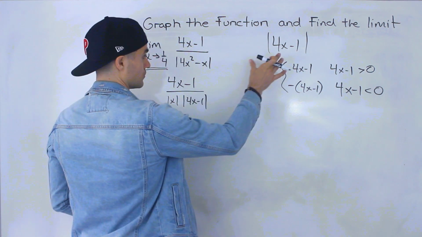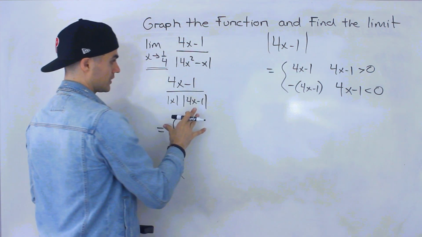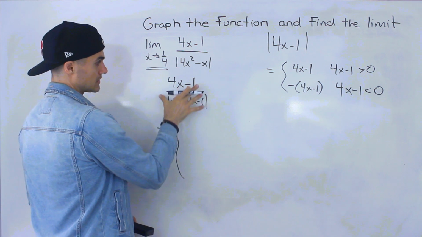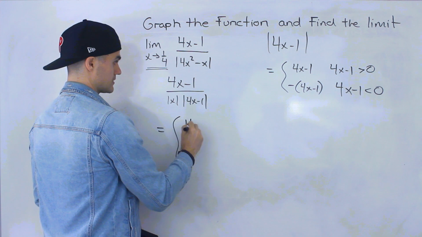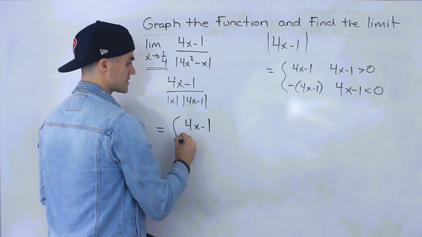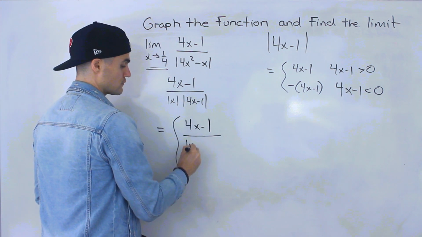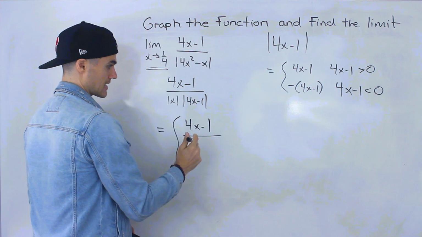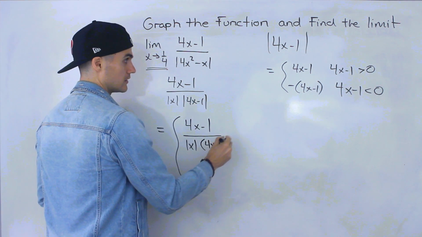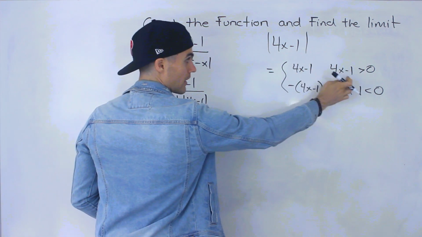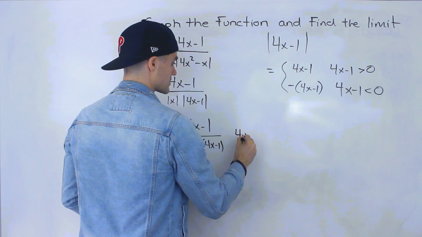And so using that over here, what we could do is take this and simplify it to 4x minus 1, that numerator staying the same, absolute value of x, that's staying the same, and this is going to be positive 4x minus 1 when 4x minus 1 is greater than 0.